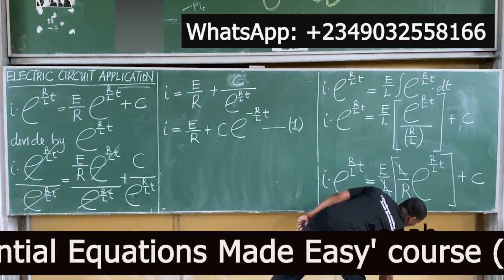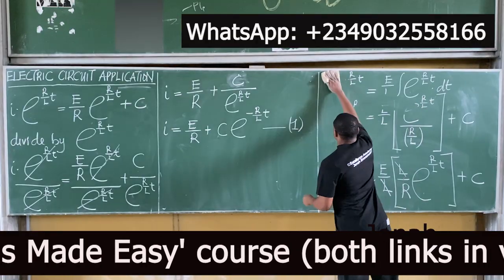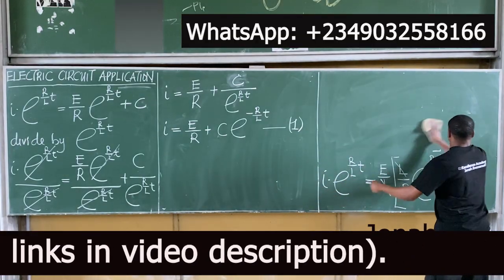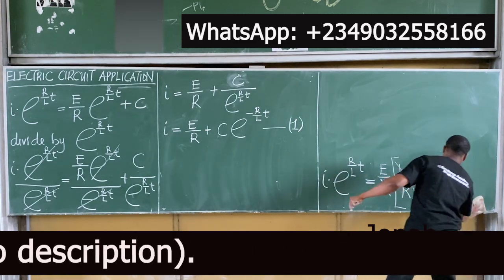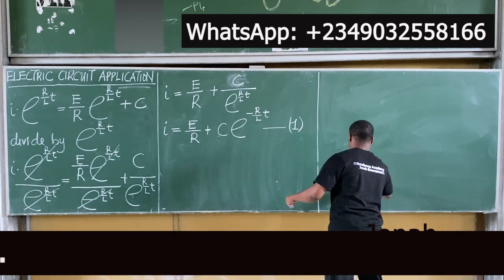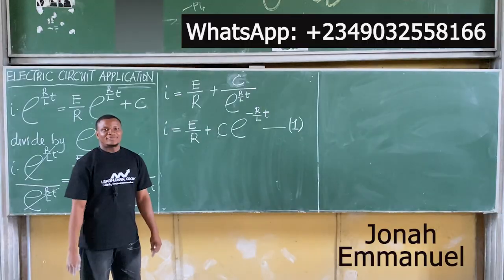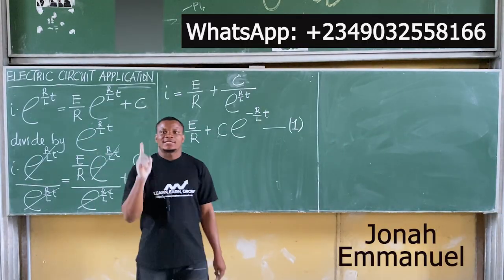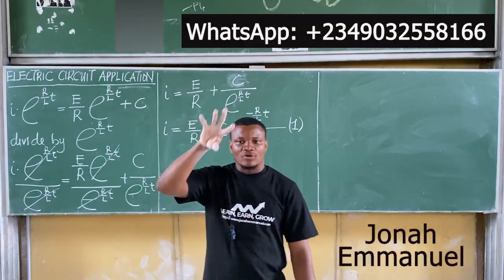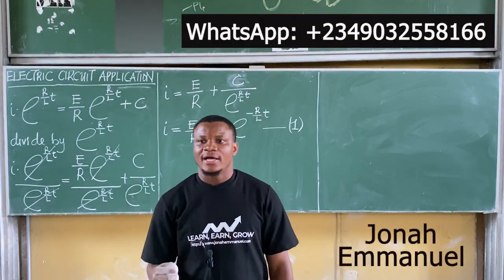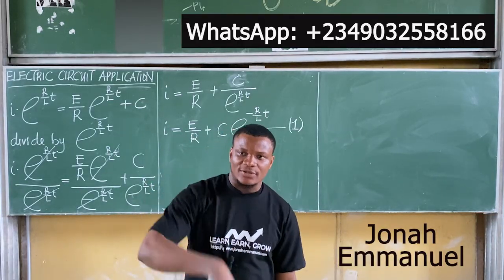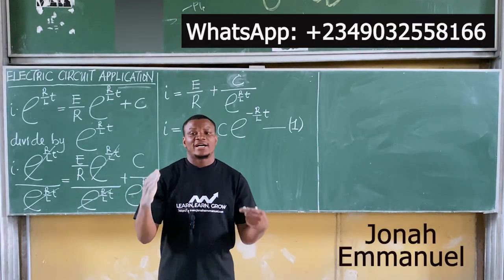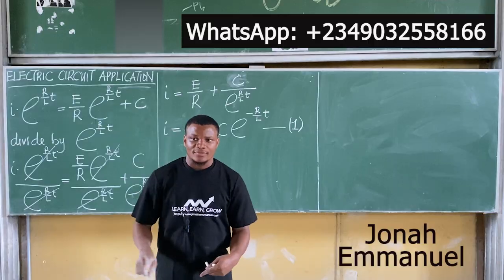Let's proceed. I'm trying to derive an equation. At this point, if you look at what they said in the note, they mentioned something called a closed circuit. When the circuit is closed, current can move around the circuit.